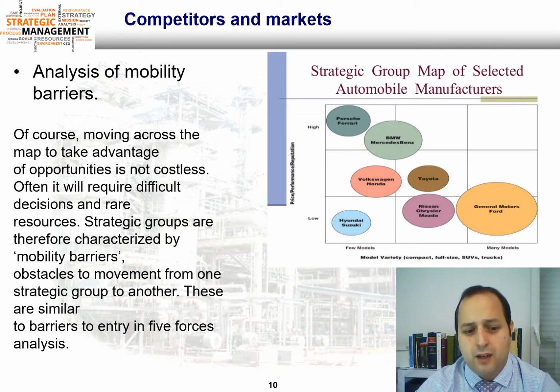Strategic groups and strategic group mapping are characterized by mobility barriers. Therefore, there are obstacles to movement from one strategic group to another. It's more or less the same as the barriers to entry that we spoke about in the Porter's 5 forces analysis model.